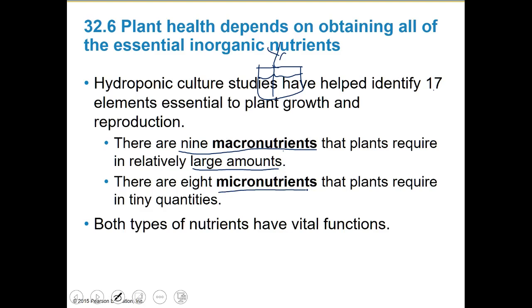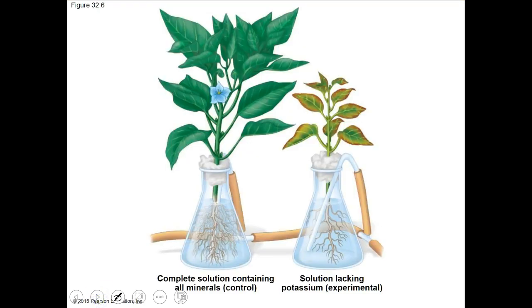So both types of nutrients have vital functions. Gotta have both. Okay, so there's a hydroponics setup, much better drawing than what I would show you. We actually grew tomatoes this way when I did research. So you fill it up and you bubble it full of water and minerals and all kinds of good stuff, and then you make plants grow.